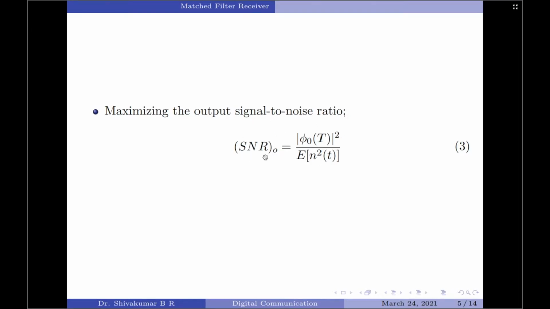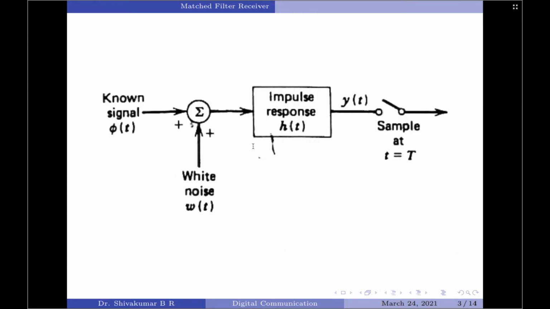That is, SNR output is equal to signal component power divided by noise component power. We now show that this SNR will be maximum if the filter is matched to the known signal at the input, which is phi of t here.